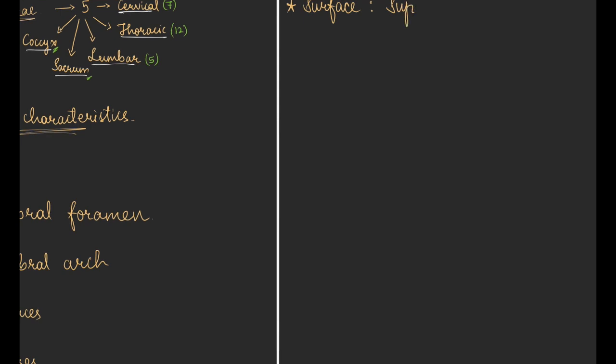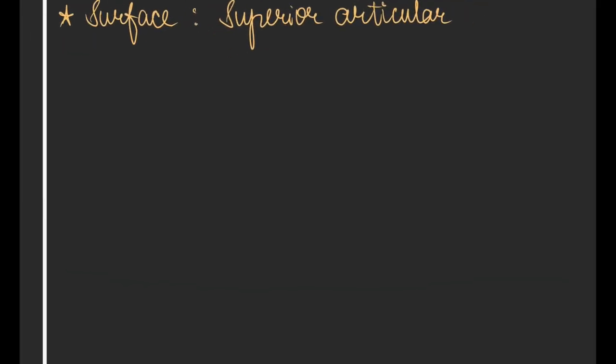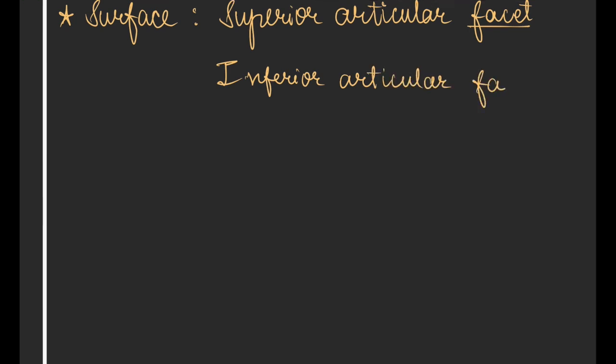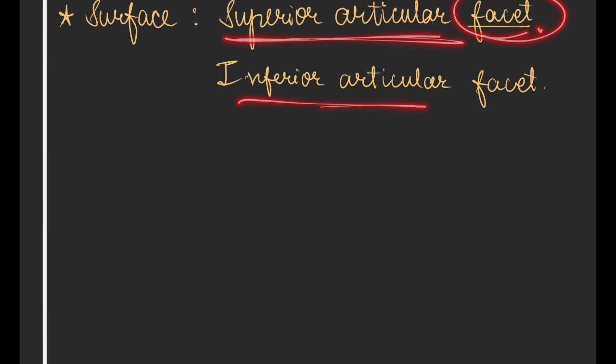One is the superior articular facet. What is a facet? It is a surface. And the second one is the inferior articular facet. Now, what are these facets? These are surfaces. And what are these superior and inferior articular?